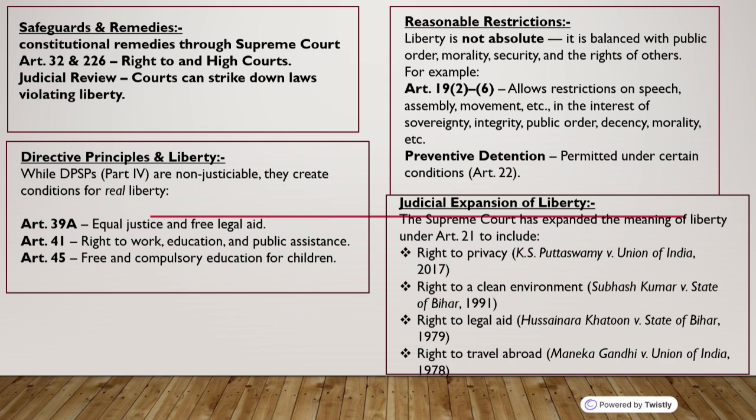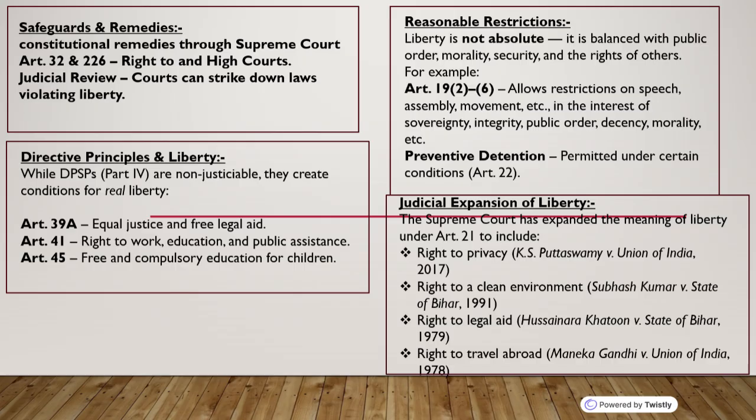For these liberties, there are some safeguards and remedies which were also provided by the constitution itself. So if someone has been deprived of his liberty, then the person can move to the Supreme Court or High Court seeking judicial remedies. Okay, the directive principles and liberty. Well, DPSPs are non-justiciable.